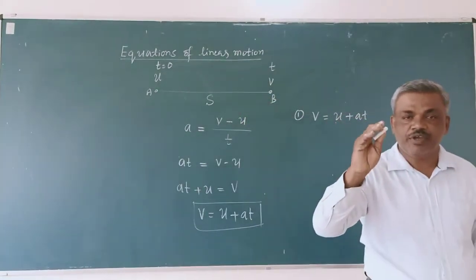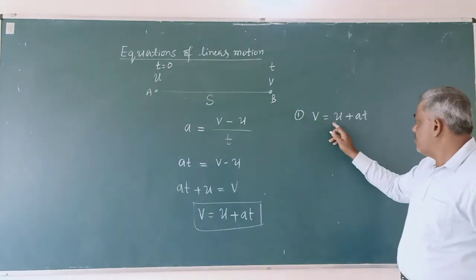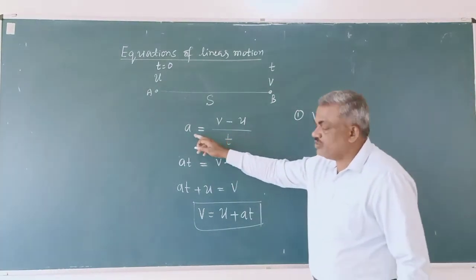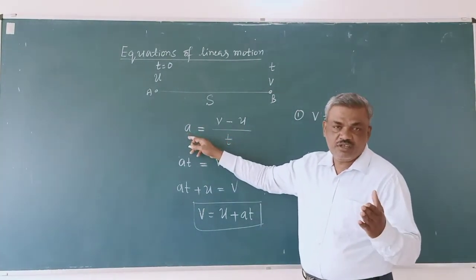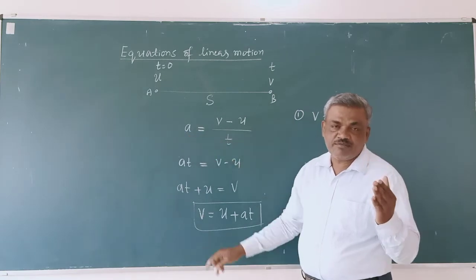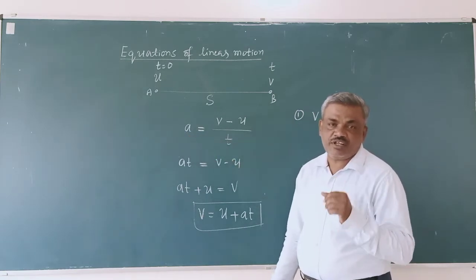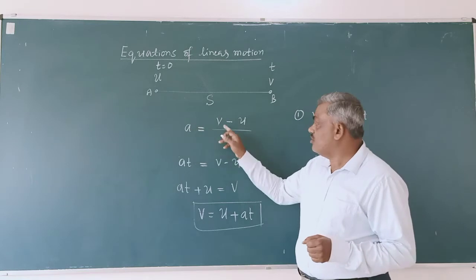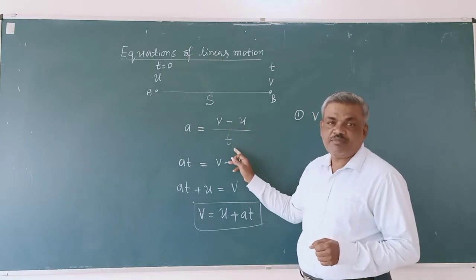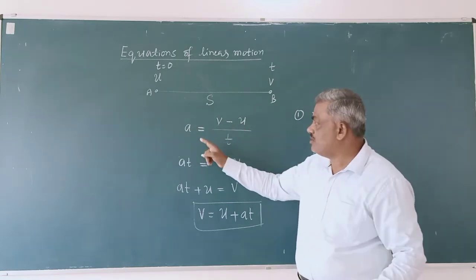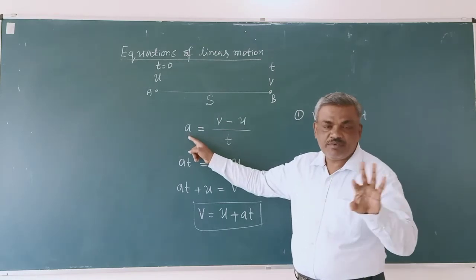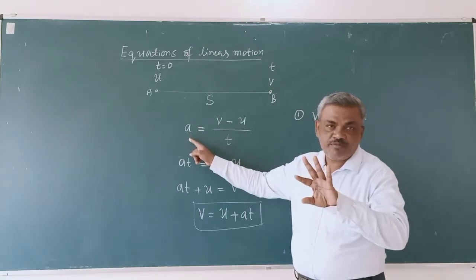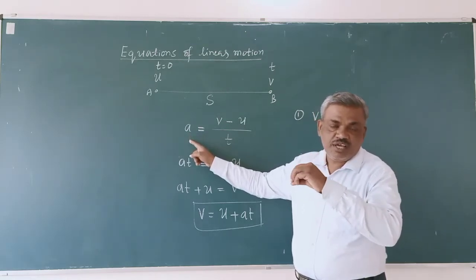So how do you get this formula, V equals U plus a t? First you need the definition of acceleration. Acceleration means the rate of change of velocity. Acceleration equals change in velocity by time taken. The acceleration symbol is small a, not capital A; do not use any other symbols.